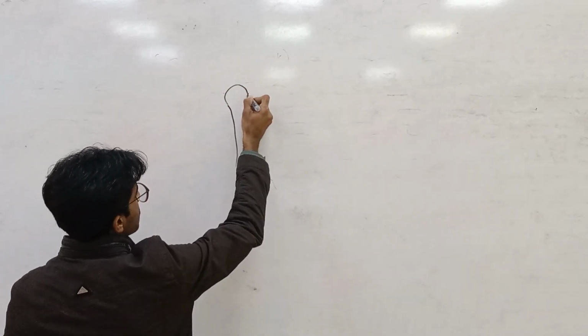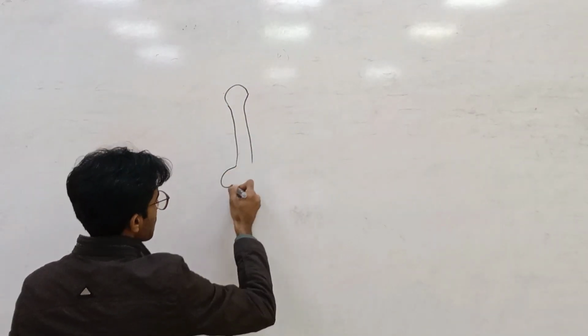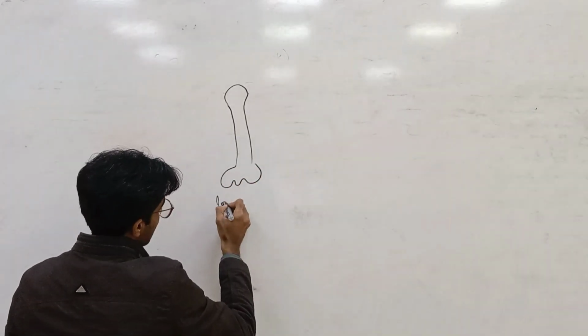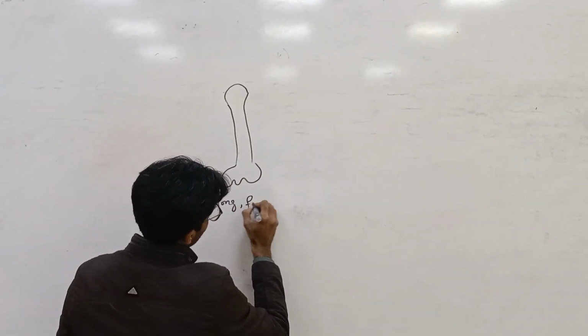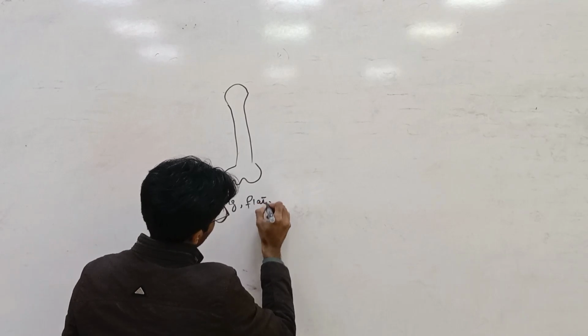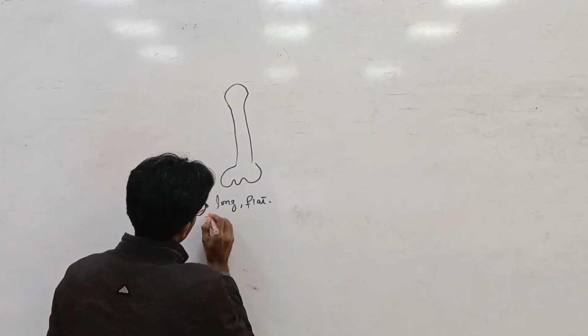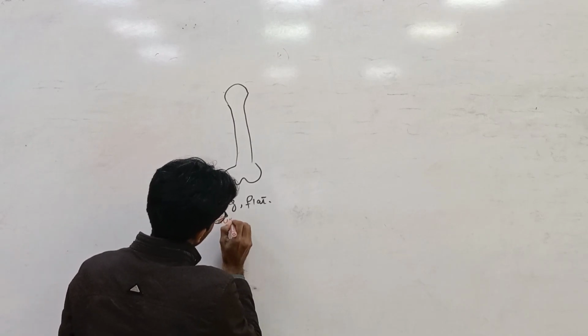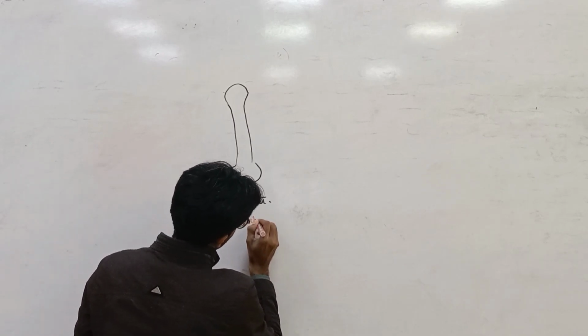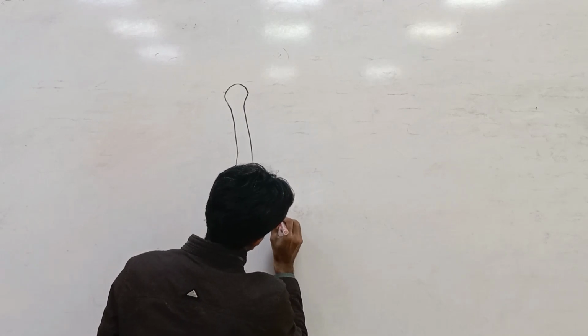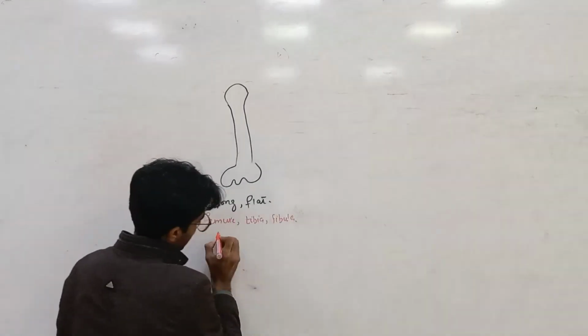Suppose we have different types of bones. Some bones are long and some bones are flat in the body. These bones are the femur, tibia, fibula, humerus.